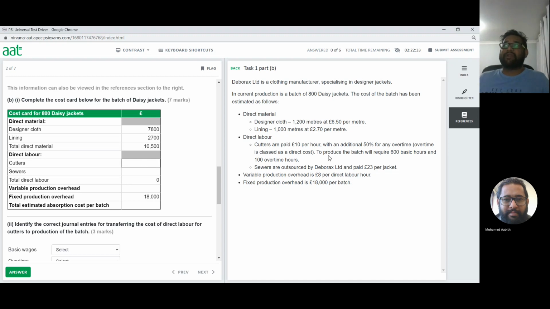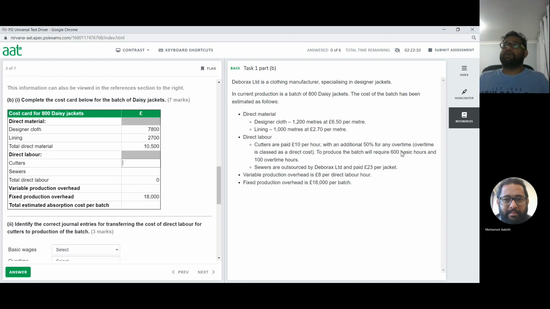But now we're going to look at the direct labor cost. Since the overtime is also part of it, we have to calculate your basic hours. That is 6,000 pounds, because 10 multiplied by 600 is 6,000. And then also 100 hours of overtime, which is a time and a half addition, therefore it's 15 pounds an hour, so it's going to be 1,500.